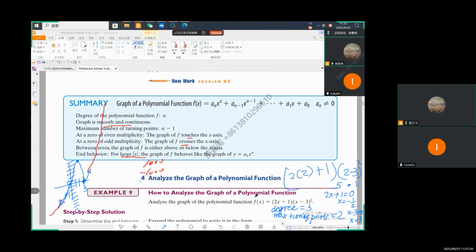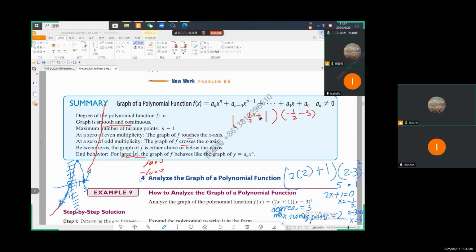I can just substitute, for example, negative 1 over 2. If I substitute negative 1 over 2 plus 1 and times negative 1 over 2 minus 3, this is basically the point.